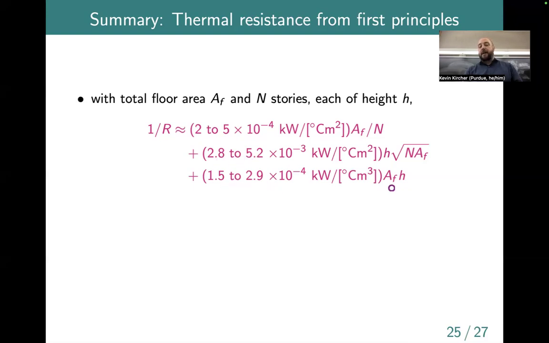And then you multiply by the things that are easy to figure out about the building, like what is the overall floor area of the building? What is the typical ceiling height? How many stories are there? Kind of simple geometric information. And so we plug all that stuff in here, and we get an estimate for 1 over R. Take the reciprocal, and you've got the estimate of R.